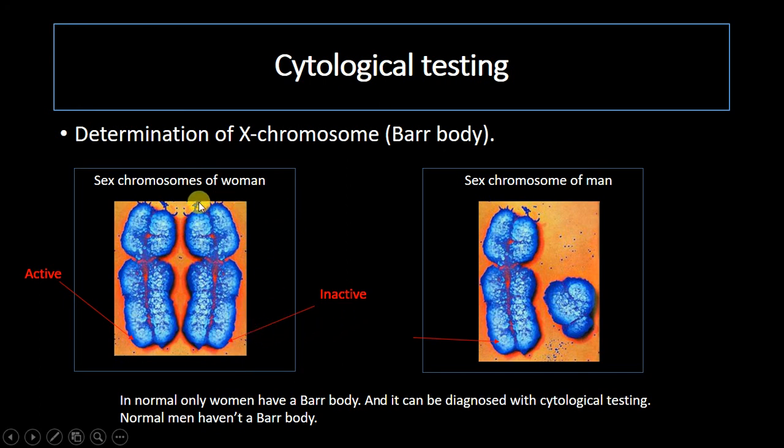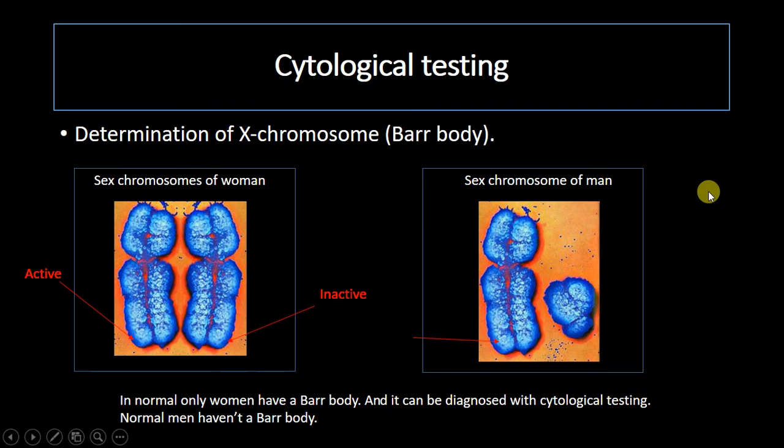Or another X chromosome, Barr body, is inactive, or the genetic materials are represented by heterochromatin, not euchromatin like in the active X chromosome, but heterochromatin, inactive genetic material.